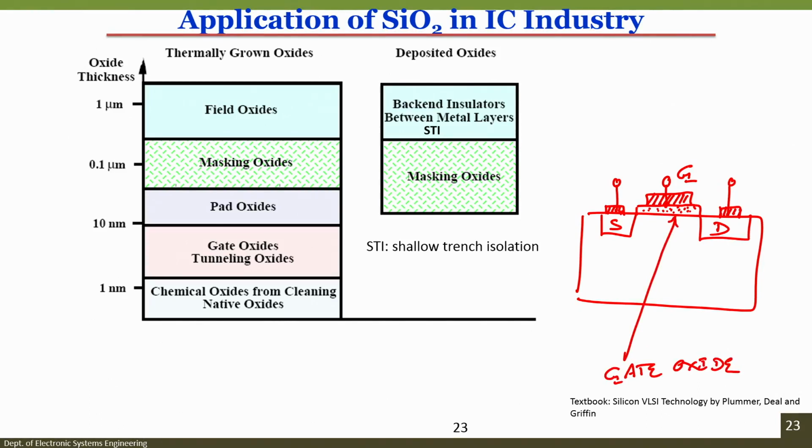What is the use of this oxide? If you have a P type silicon wafer and you want the channel to form between source and drain, what will you do? If you make the gate negative with respect to the source and drain, holes will be attracted.